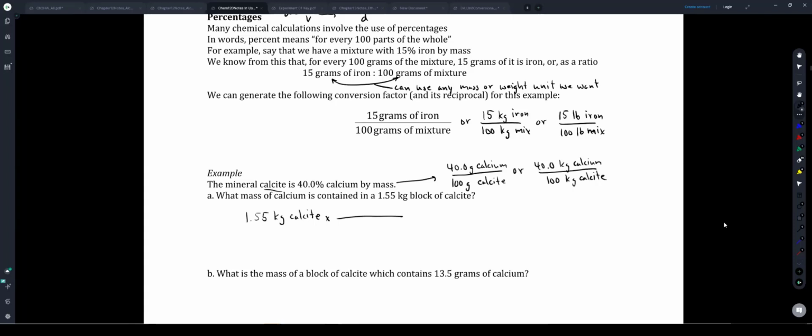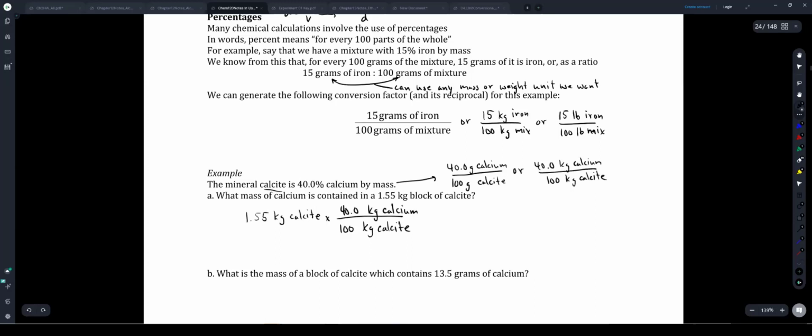So in the denominator, I'm going to put kilograms of calcite because that's what I want to cancel. When you're dealing with two or more substances, you need to write down the names of the substances. You can't just leave it out, otherwise you're being unclear. So for every 100 kilograms of calcite, you have 40.0 kilograms of calcium.